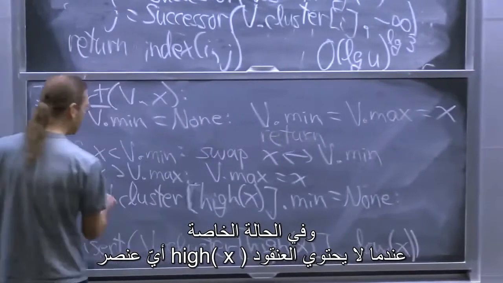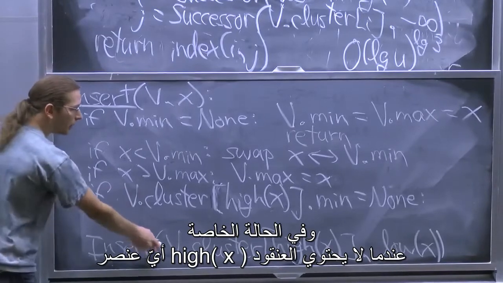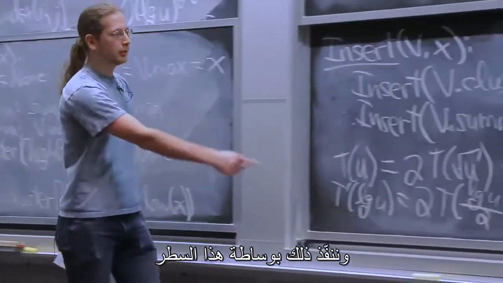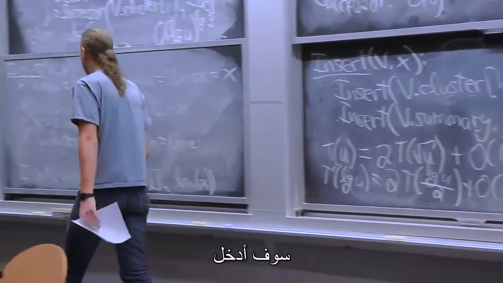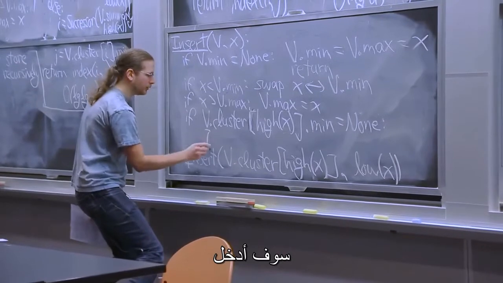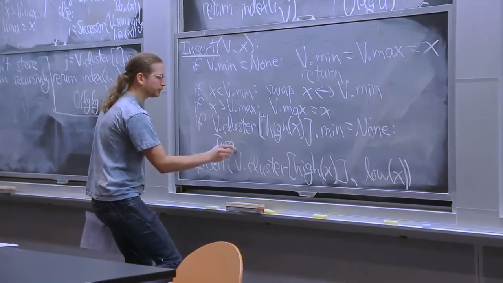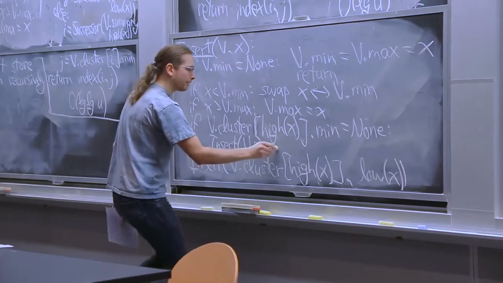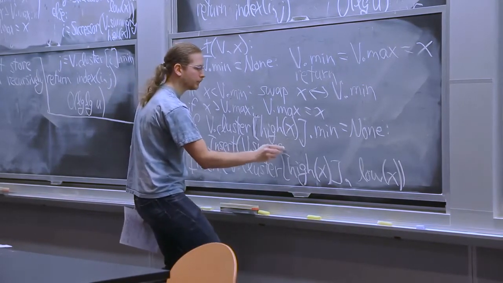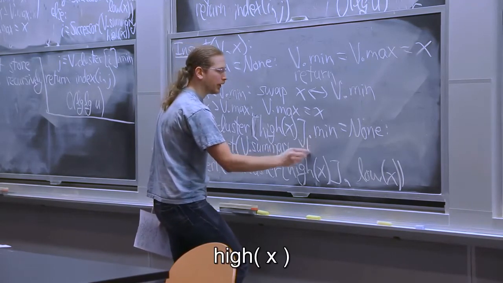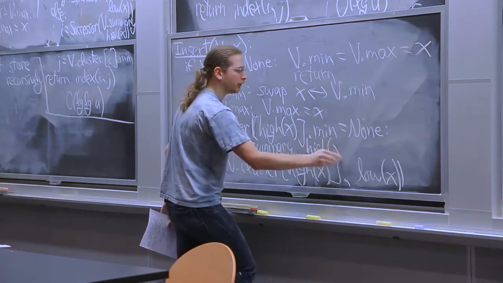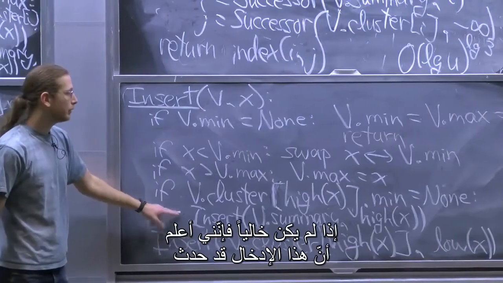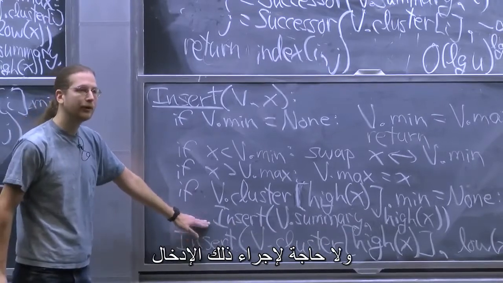And in the special case where there was previously nothing in v.cluster[high of x], we need to update the summary structure, and we do that with this line. So I'm going to insert into v.summary high of x. But I'm only doing that in the case when I need to. If it was already non-empty, I know this has already happened, so I don't need to bother with that insertion.